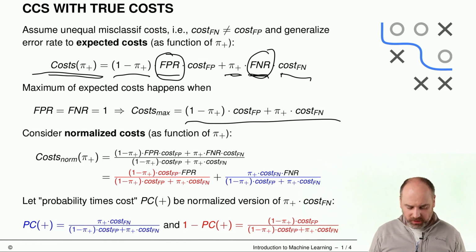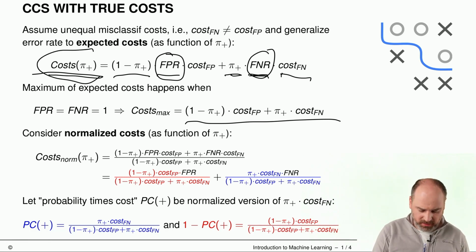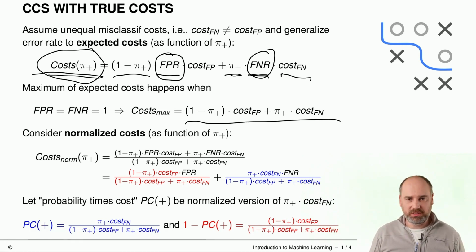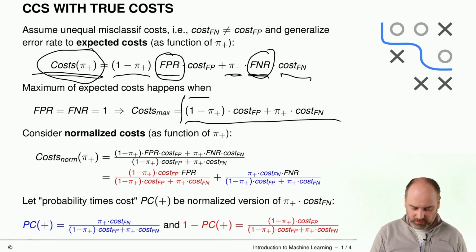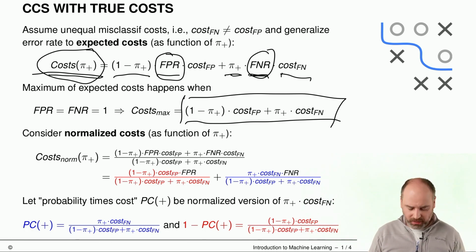What we can now do is consider normalized costs. Normalized costs are still this formula that we developed in the beginning. The only thing is we will now divide everything by this term, to have these normalized costs as a metric between 0 and 1. So 0 would be no errors, and 1 would be this terrible classifier that mislabels everything, which gives rise to this slightly more complicated formula, and I will not read this out.